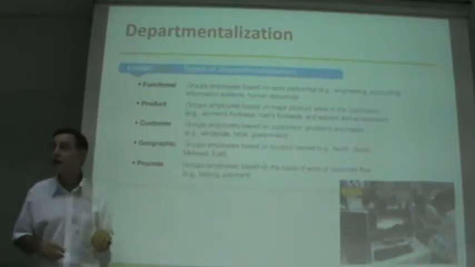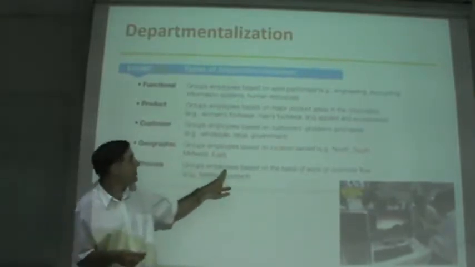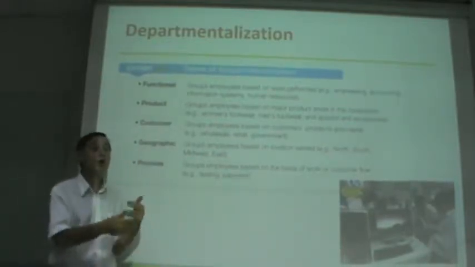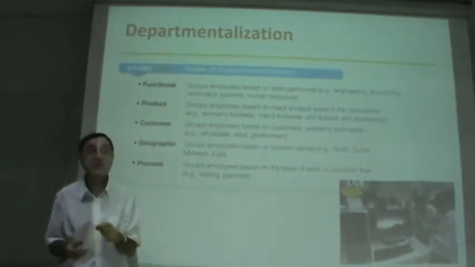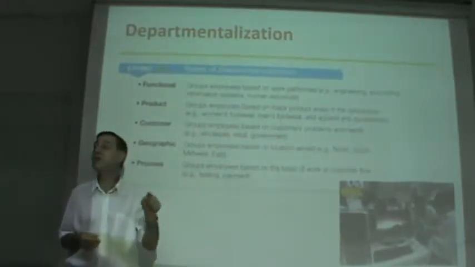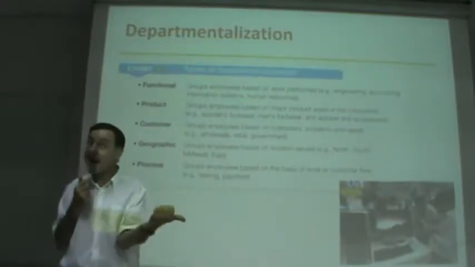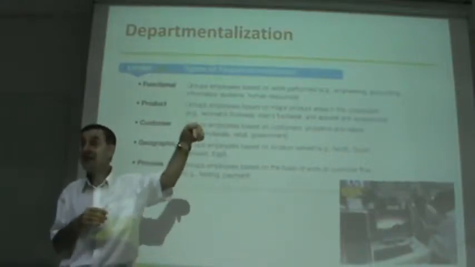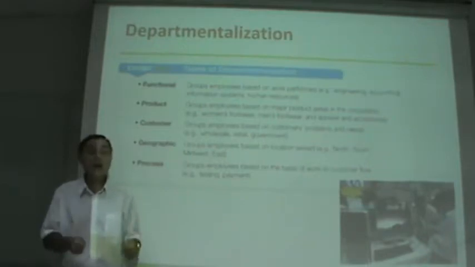And the final one is based on process and groups of employees based on the work flow or customer flow. That's how many government services are designed. When I was last week getting my work permit here in Phuket town, we went with the administrator and they said, go here.